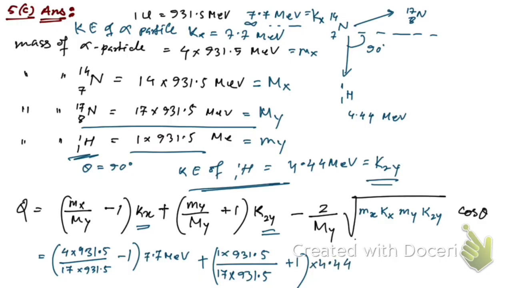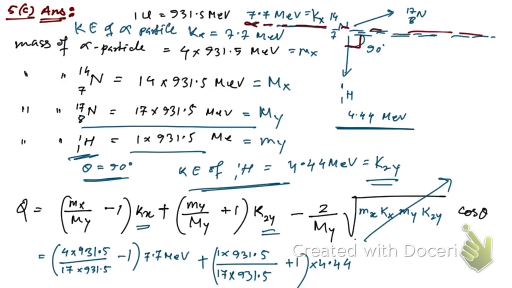And this last term will be 0, because we have theta 90, the angle made by the scattered particle with the direction of the alpha beam, and cos 90 is 0. So here we get 0 minus 0.